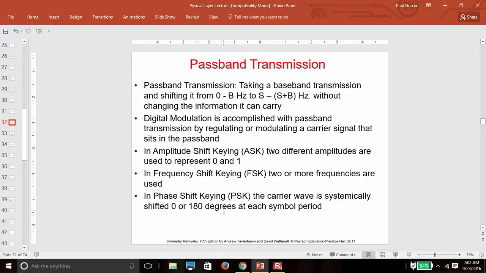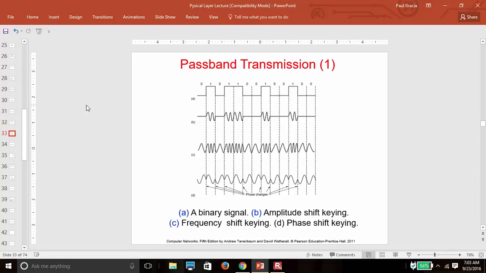So in phase shift keying, nominally you shift the phase either 0 or 180 degrees for each symbol period. And like we're going to see in a few slides, you can combine these methods, so you can have a very complex symbol with multiple bits.